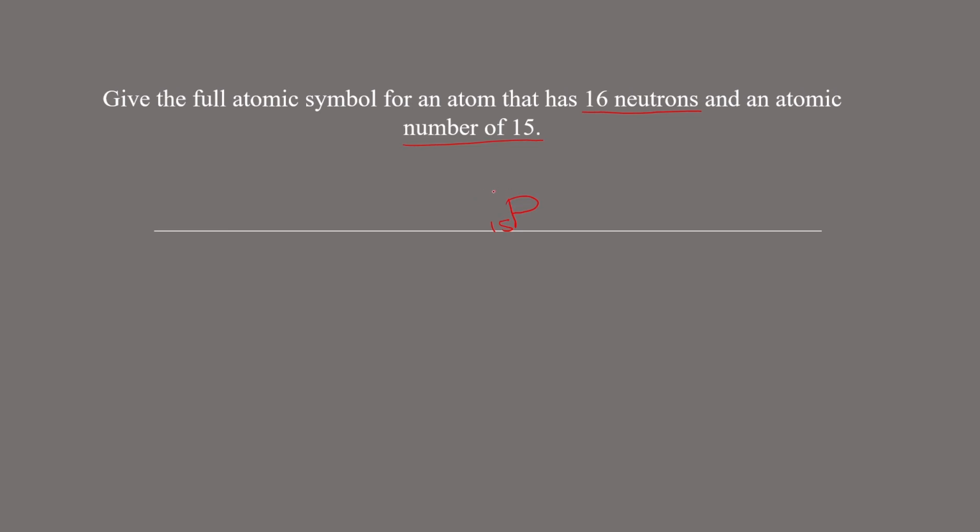And here in the superscript, we will write number of protons plus neutrons. So proton number is 15 plus neutrons 16, and when you add these two, you have 31. So this will be the atomic symbol for the atom that has 16 neutrons and 15 atomic number.